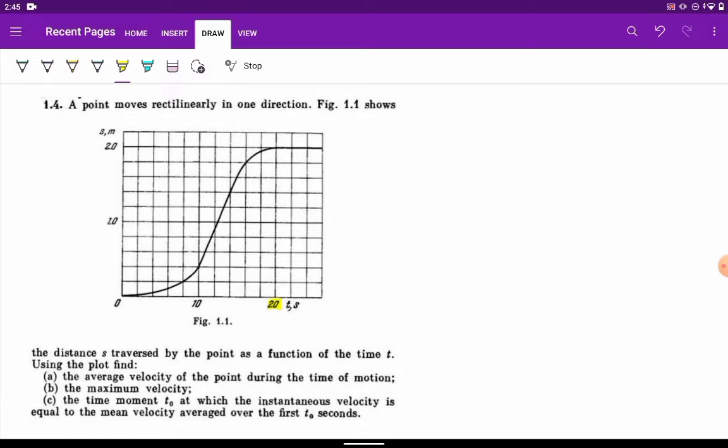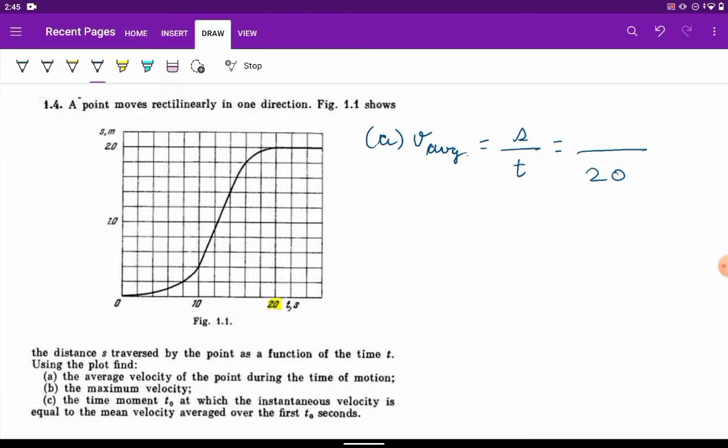This one is fairly simple. Average velocity, V average, is basically total displacement divided by the total time taken, and the total time taken over here, max up to which we are considering, is basically 20 seconds, and the displacement is 2 meters.